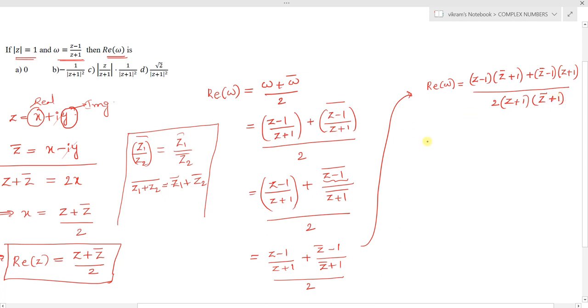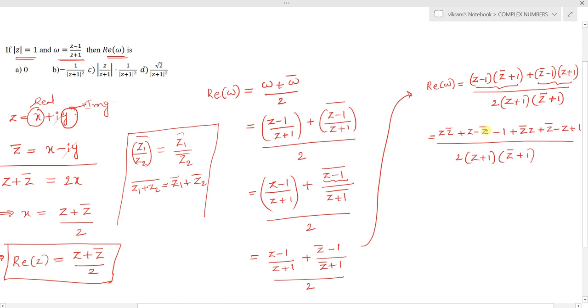Simply we are doing the LCM, then going with the simplification. What will we get? z into z conjugate plus z minus z conjugate minus 1, the result for this one, and the result for the next one is z conjugate into z plus z conjugate minus z minus 1, by 2 into (z plus 1) into (z conjugate plus 1).